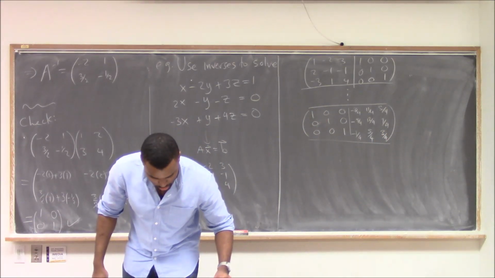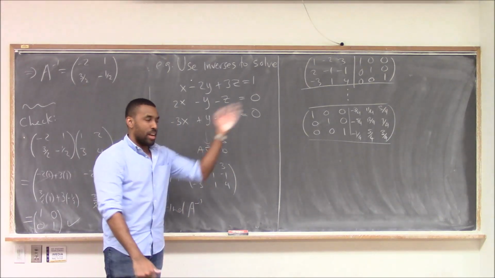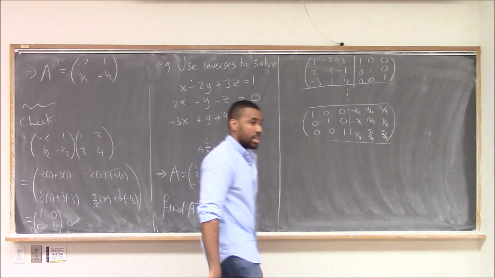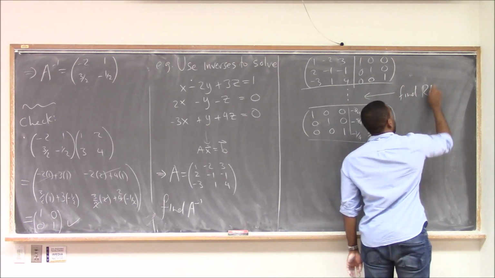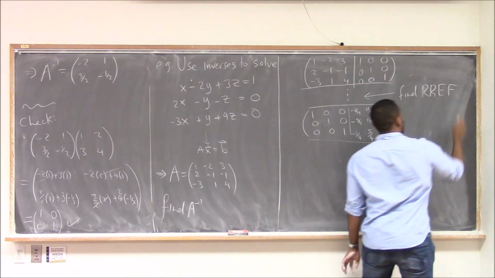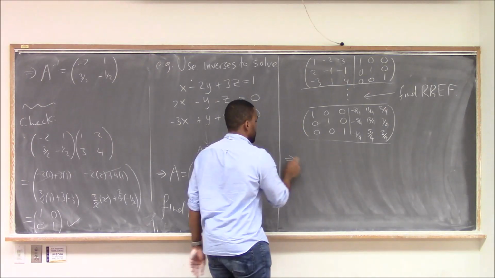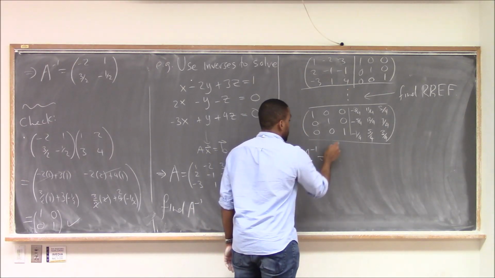Right, so you'll find the reduced row echelon form. At some point, you're going to divide all the rows by 4. You're going to end up with something like that. So this would mean that A inverse equals this matrix.